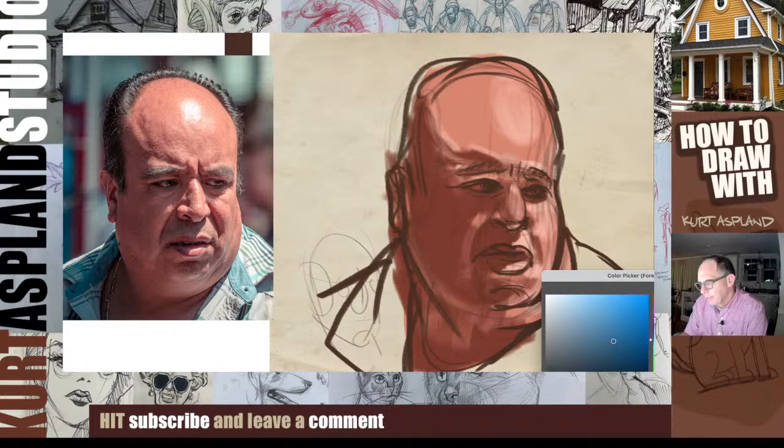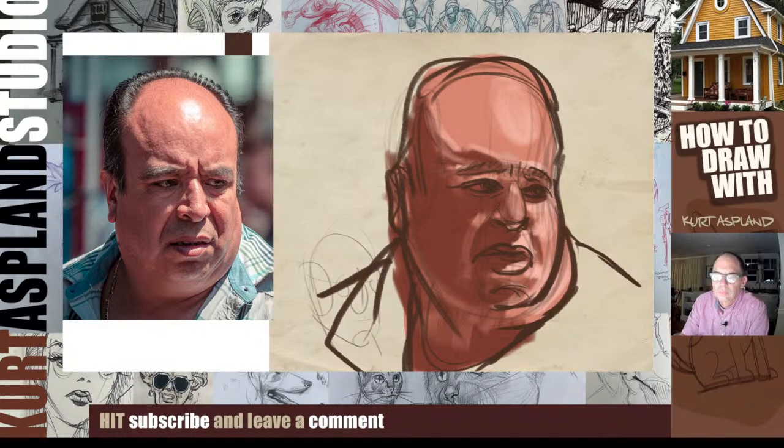But let's add some blue here. I'm just going to do some, yeah, there we go. And when I'm adding color, at this point I'm just trying to get some color down.